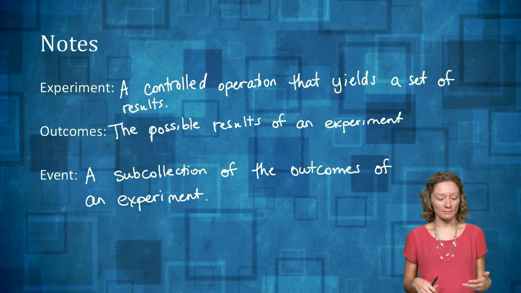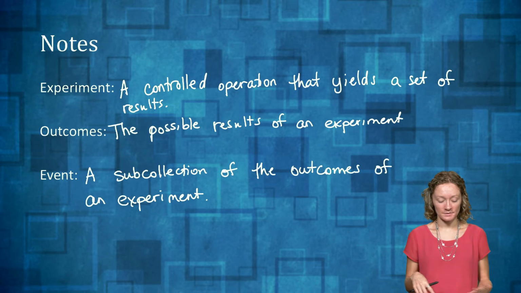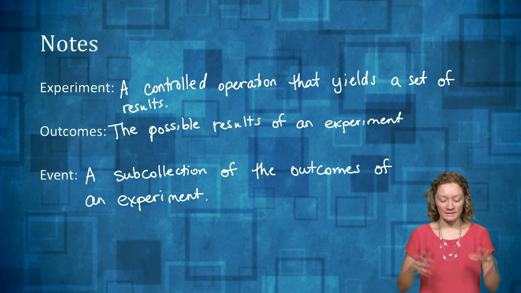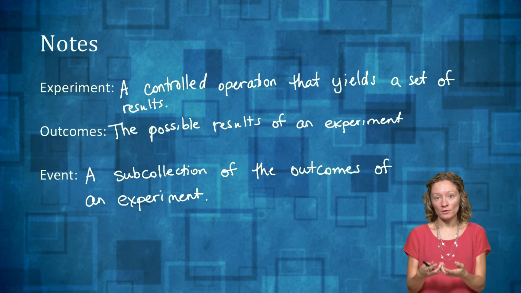So we'll have an experiment like rolling a die. The different outcomes are 1, 2, 3, 4, 5, or 6. An event, a subcollection of those, would maybe be rolling a number greater than a 4. It's a collection of some, maybe only one, but sometimes more than one, of the outcomes.